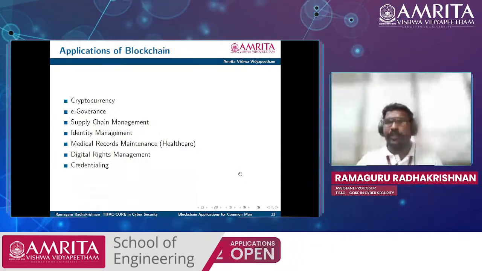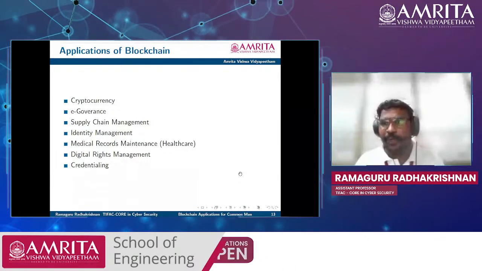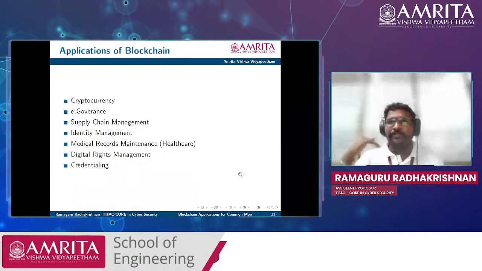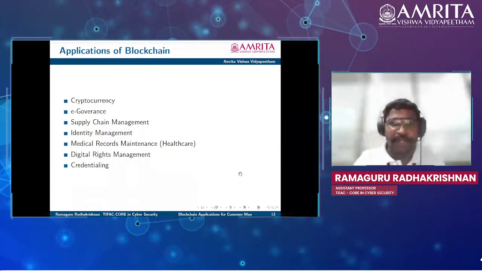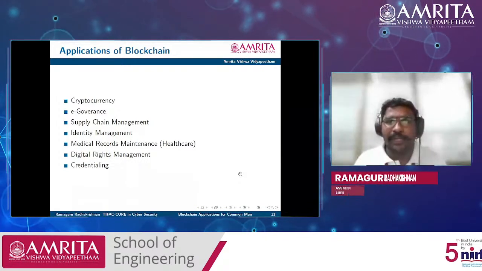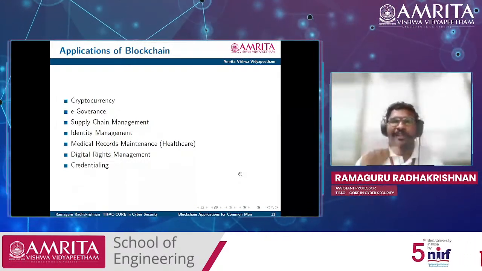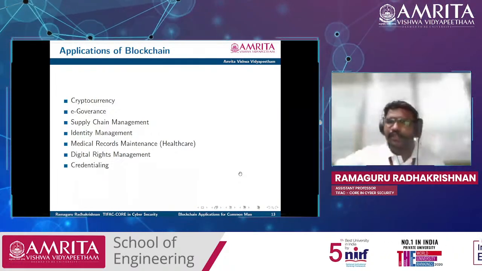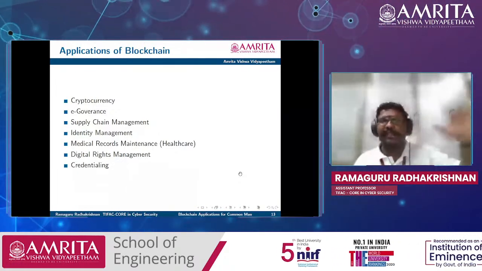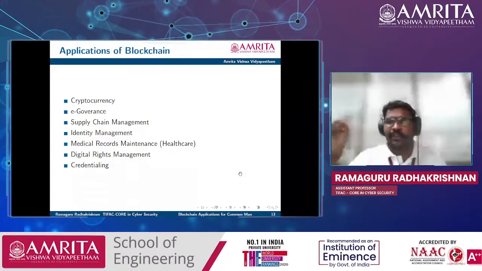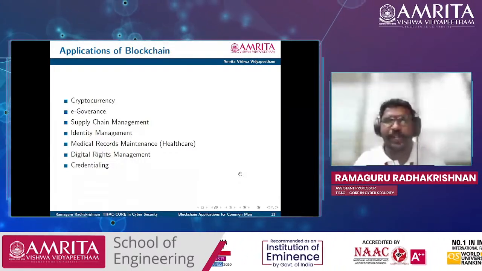So now if I am studying in IIT Kanpur, at the end of the completion of course, my degree certificate will be issued on blockchain. So now when I go for employment, I just need to give the identity or the QR code of that particular transaction, so that my employer can verify, yes, Ramaguru has completed his PhD from this particular place or his MTech from this particular place.